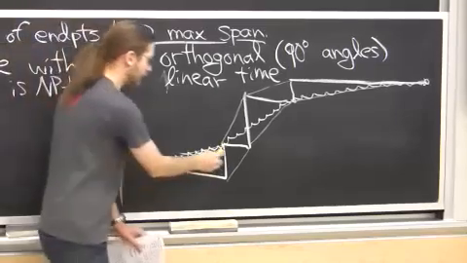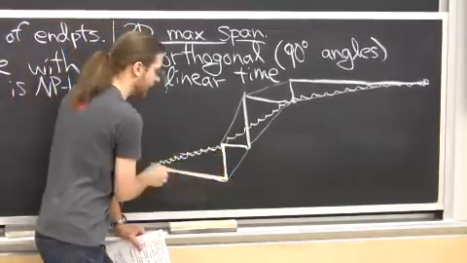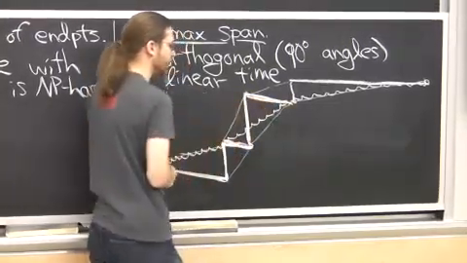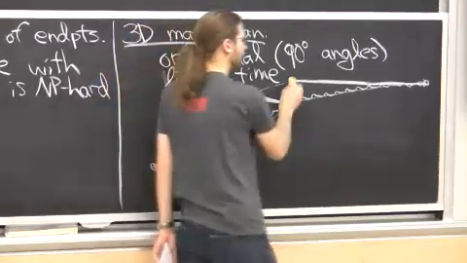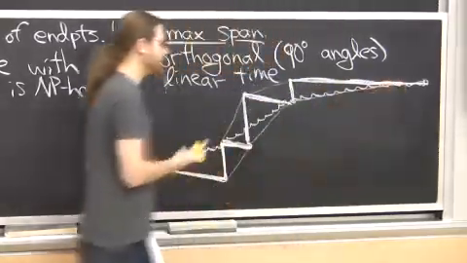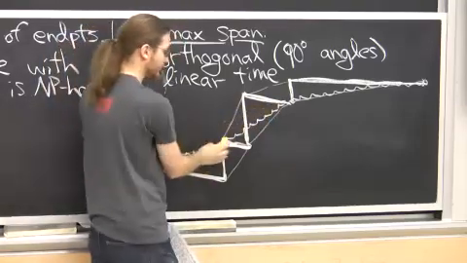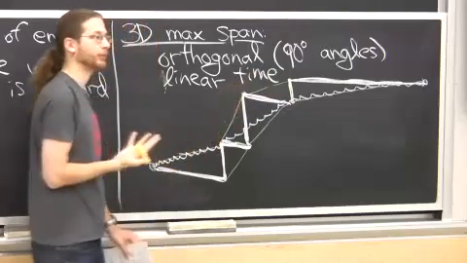Then I claim that, okay, these two edges will stay planar. Of course, they form a triangle. I claim these 4 edges will stay planar, and in the orthogonal case, they'll stay zigzag. And then also these 2 guys will stay in their own plane. And then I claim that actually this wiggly line, which is not straight, because it bends here and it bends here, the total length of that wiggly line is the max span.